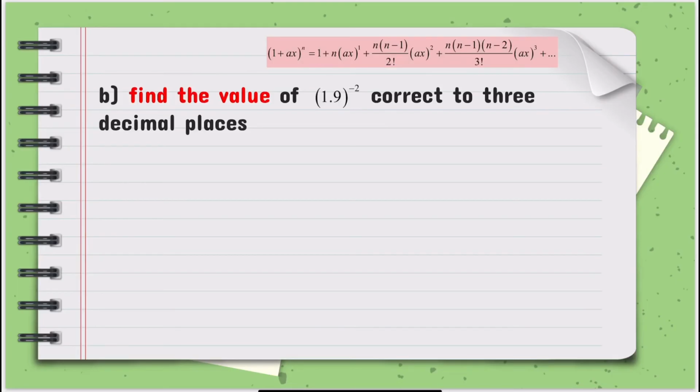Next question, you need to find the value of 1.9 to the power of negative 2 correct to 3 decimal places.